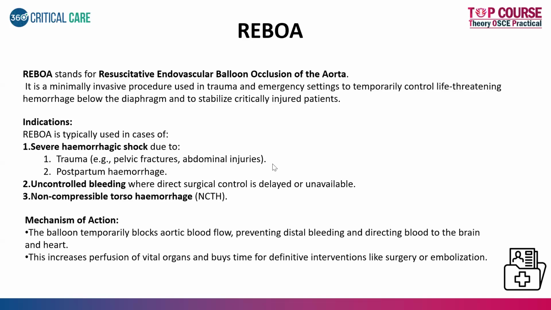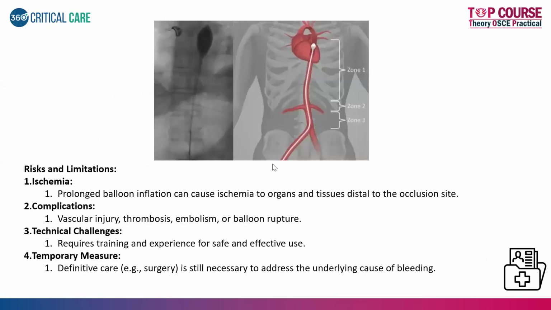It is usually used for injuries below the umbilicus. That's a rough idea to remember. There are three zones. From the left subclavian downwards till the celiac artery is zone 1. Celiac artery to the renal arteries is zone 2, and renal arteries to the bifurcation is zone 3.